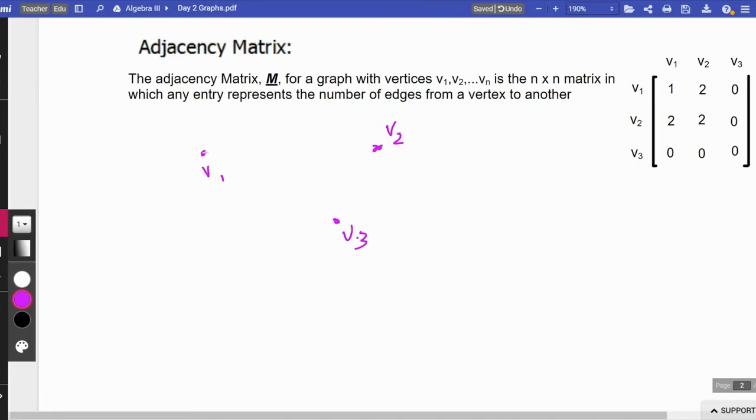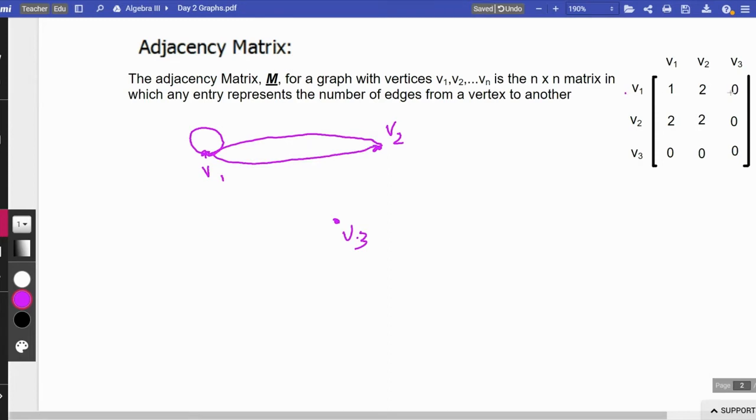So vertex 1 to vertex 1, there's one edge, and it's just got to be a loop because it goes to itself. Vertex 1 goes to vertex 2 twice, so there's two edges. That would have to be edge 1 there, and then another one that goes there, another edge.